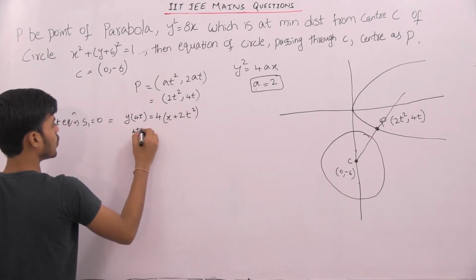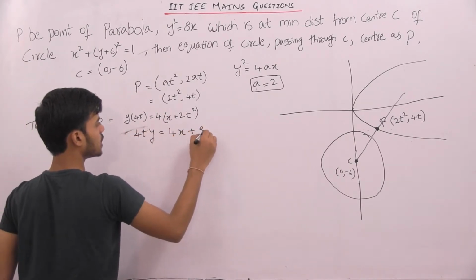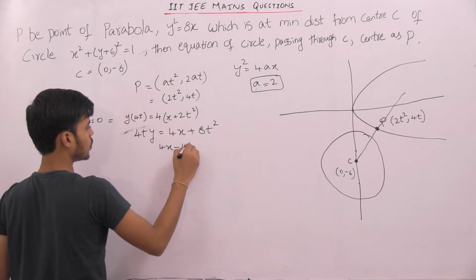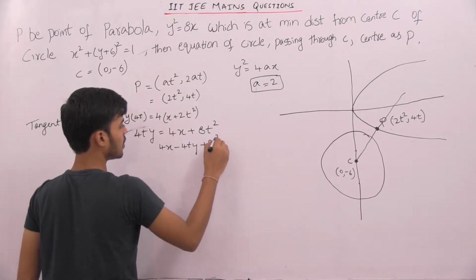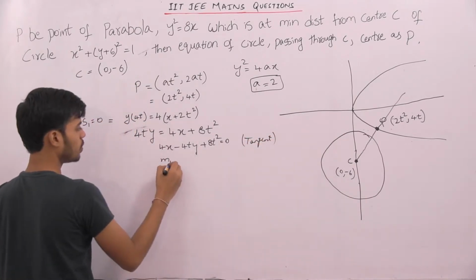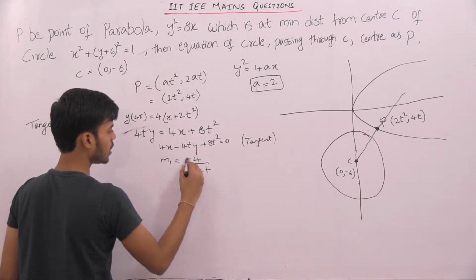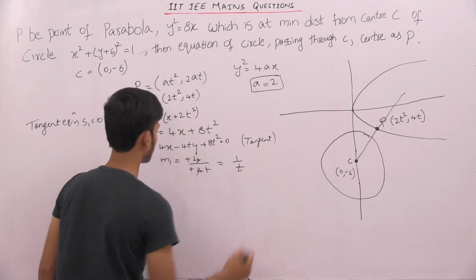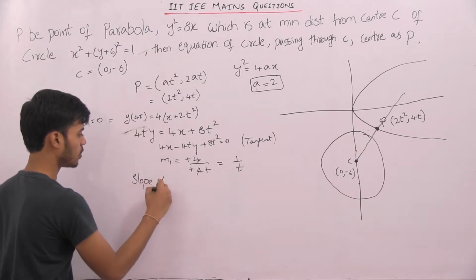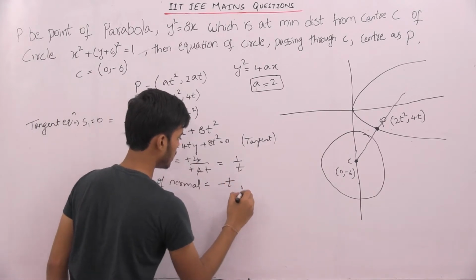Solving this, 4ty is equal to 4x plus 8t square, so 4x minus 4ty plus 8t square equal to 0. This is the tangent. Taking its slope m1, which is minus a by b, that is minus 4 by minus 4t, which is 1 by t. Now we need the normal, so the slope of the normal has to be minus t.